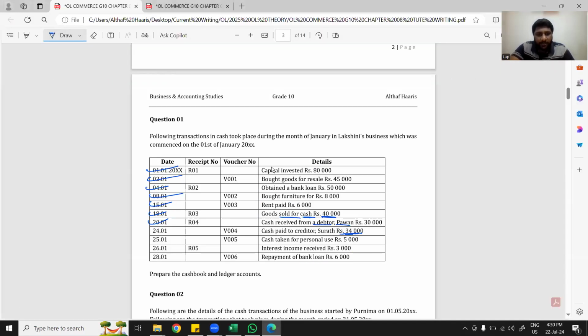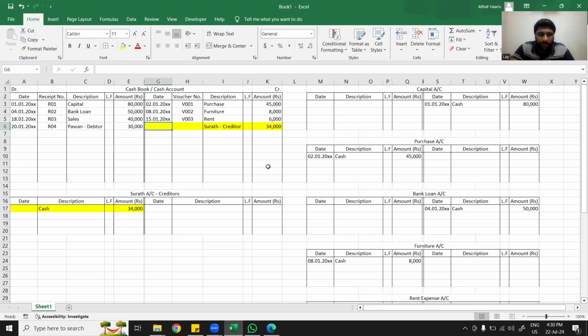What's the date? 24th January. Surat account debit. Cash account credit.